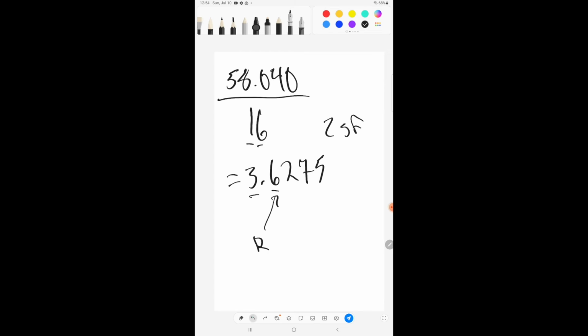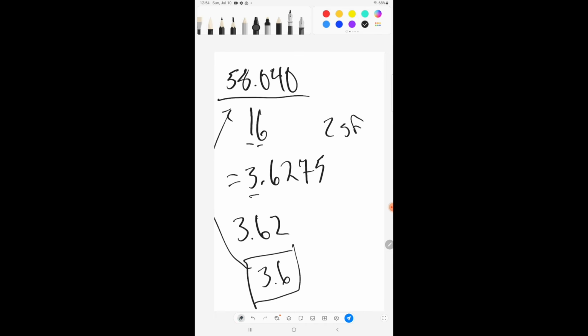Okay, so now let's rewrite this down here. 3.62. The adjacent number is less than 5, right? So we keep this the same. So 2 sig figs, this becomes 3.6, right? That's the answer for this division problem.